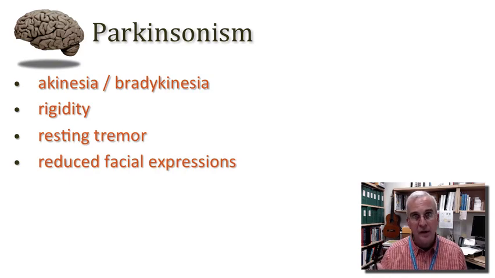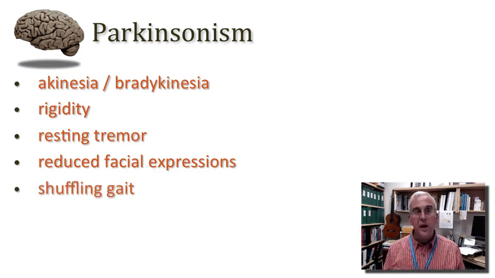Well, the bradykinesia doesn't only affect the appendicular movements that we do with our limbs, but it also affects our facial expressions. So people who are afflicted with Parkinson's disease tend to have a reduction in facial expressions. With the problems attending bradykinesia, it's not surprising that there would be disorders of gait.